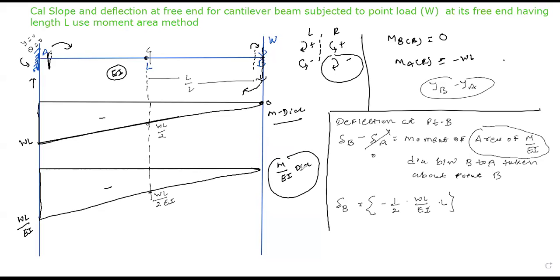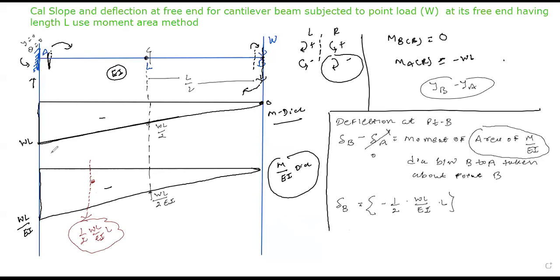Everybody with me? Can I say that this total area will act on the center of gravity point? Suppose your center of gravity point is at this point. And this area is nothing but your load. Can I say that this area is nothing but your load? That is nothing but 1/2 into WL by EI into L. That is your total load. It is acting at center of gravity point.